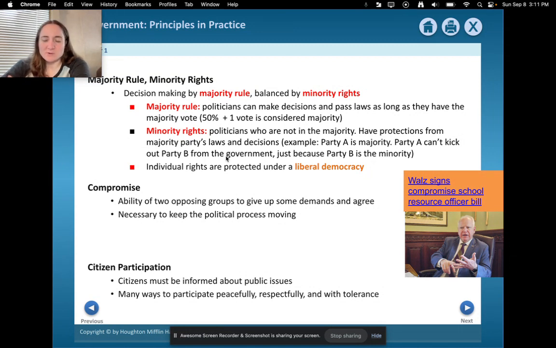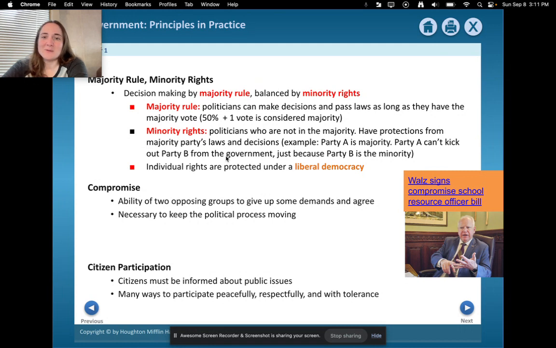Then you also have the minority rights. Now, this is a vocab word, but the slideshows never gave an answer to what minority rights actually means. So this is kind of what I came up with for what minority rights means. That's where politicians who are not in the majority have protection from the majority party's laws and decisions.